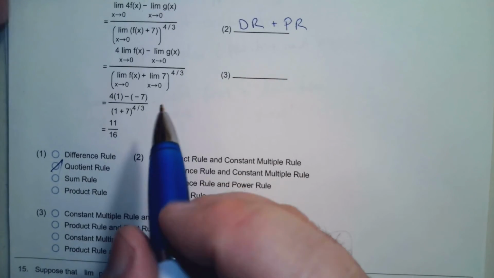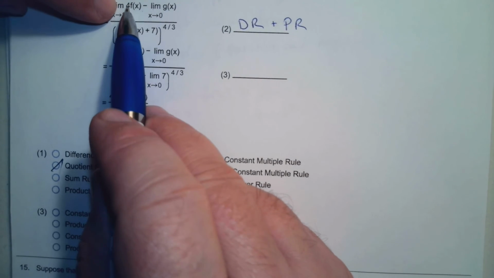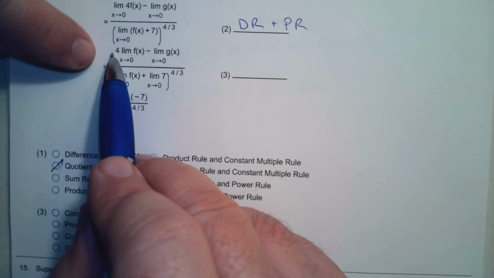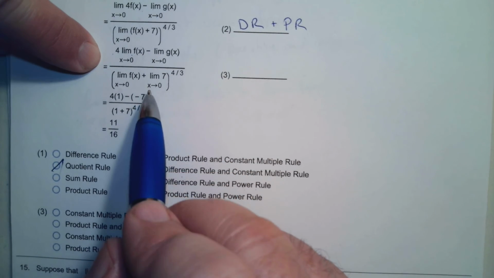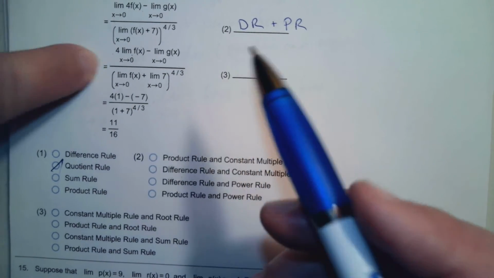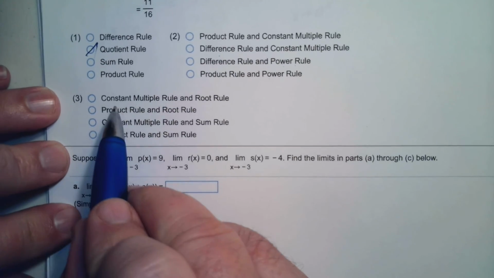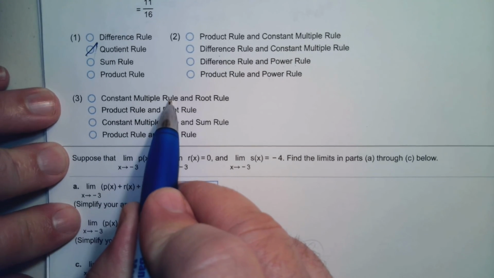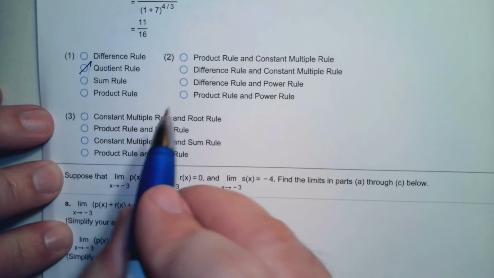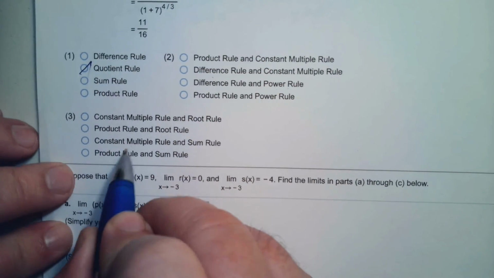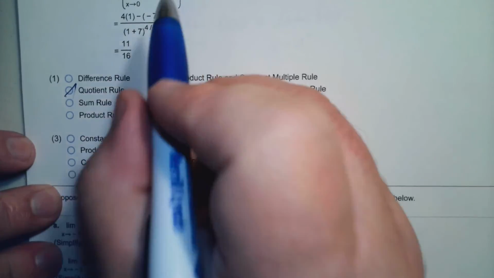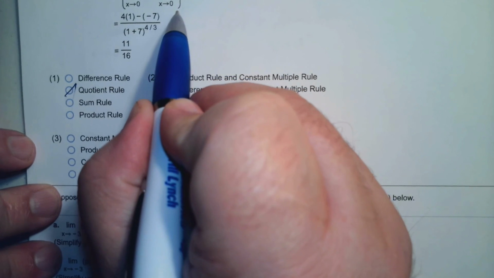Okay, now what do I do? Right, there's a 4. It comes out to the front. So that's the constant multiple rule, because I took out the constant multiple. So it's either this one or that one. And what else did I do?